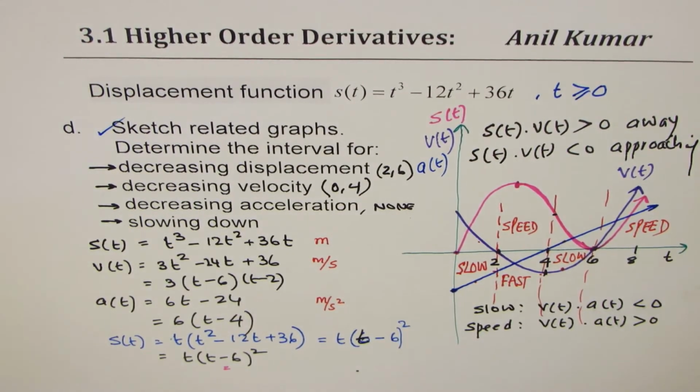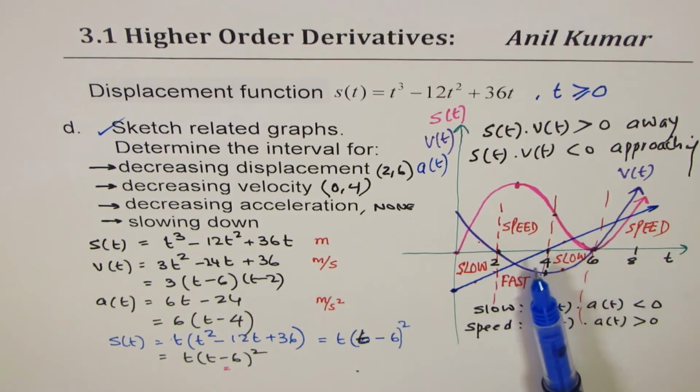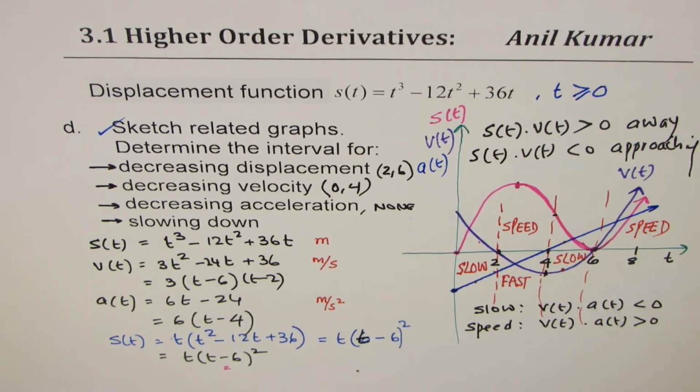That is how you could analyze most of the situations. You must have noticed by now that this is the graph which we really started with. With this exercise, going back and forth with almost the same thing, I think you would have completely understood most of the examples which could be done based on displacement, velocity, and acceleration.